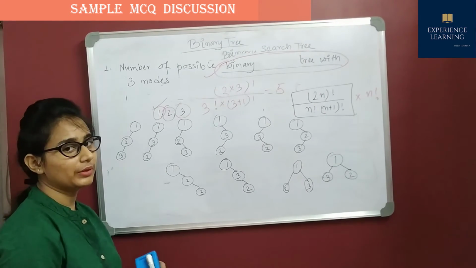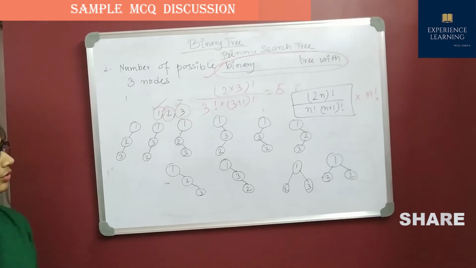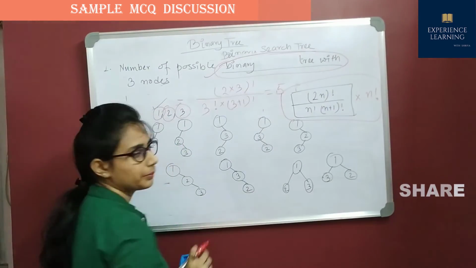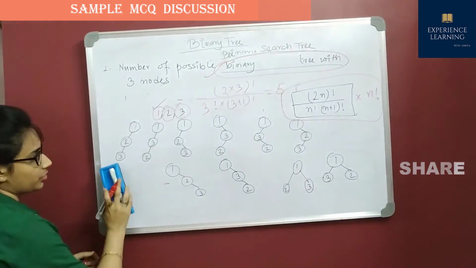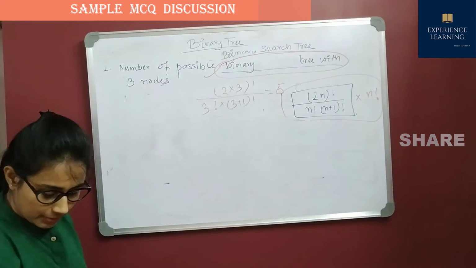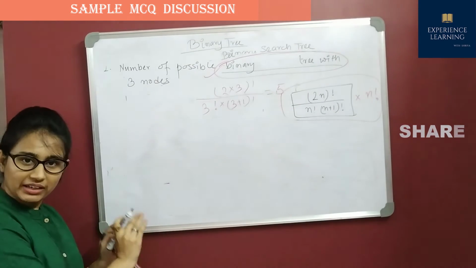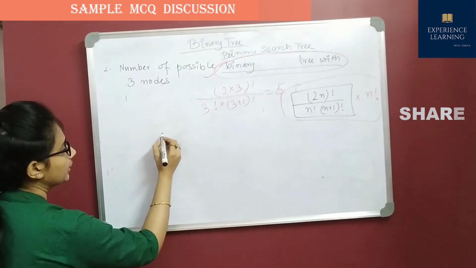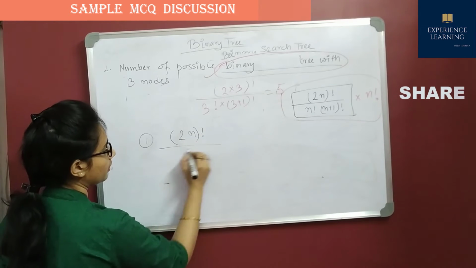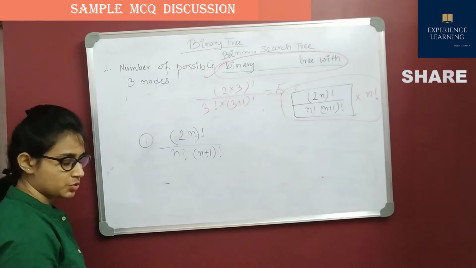Now solve it and you will get the answer 30. So for leveled binary tree, the formula is this one. So I can write it in such a way. Remember that if it is unleveled binary tree or binary search tree, that time the formula will be this one.